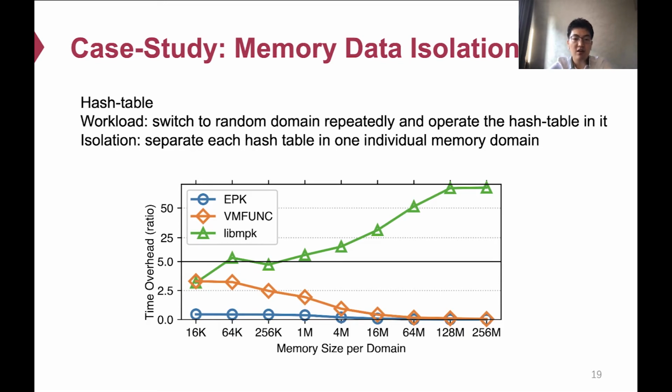The overhead of libmpk increases as the domain size grows, because it needs to update more page table entries during domain switch. In contrast, the overhead of EPK and VMFUNC solution is immune to the domain size. The overhead decreases because the vanilla performance decreases when more memory is involved.